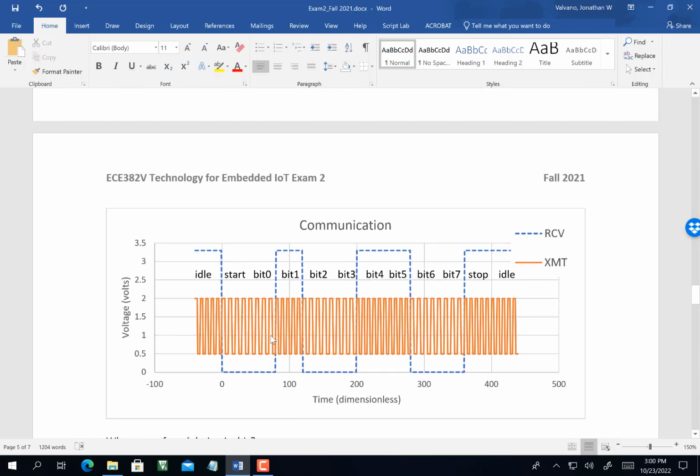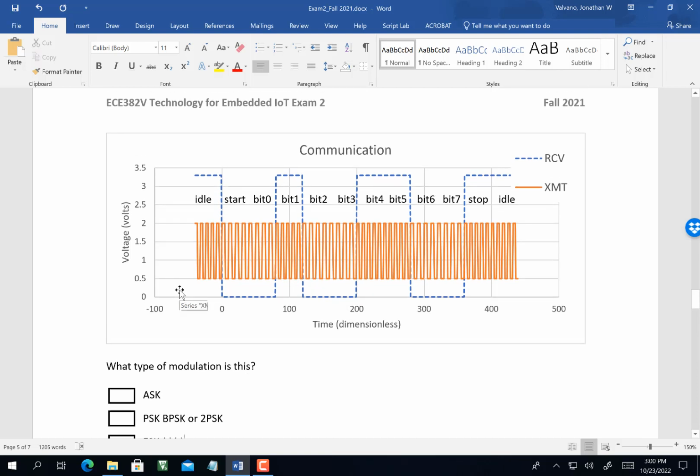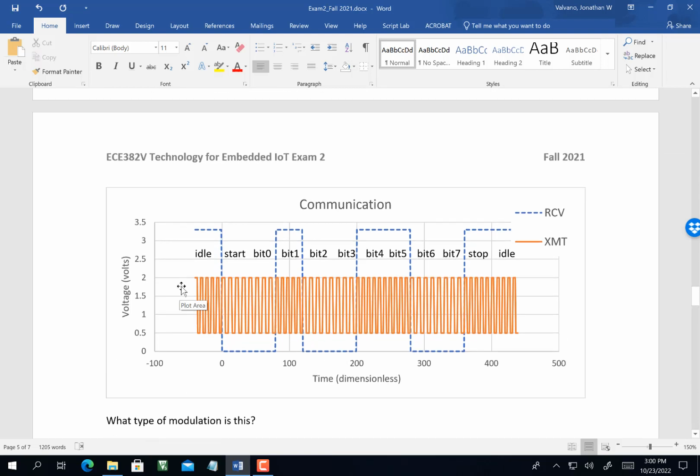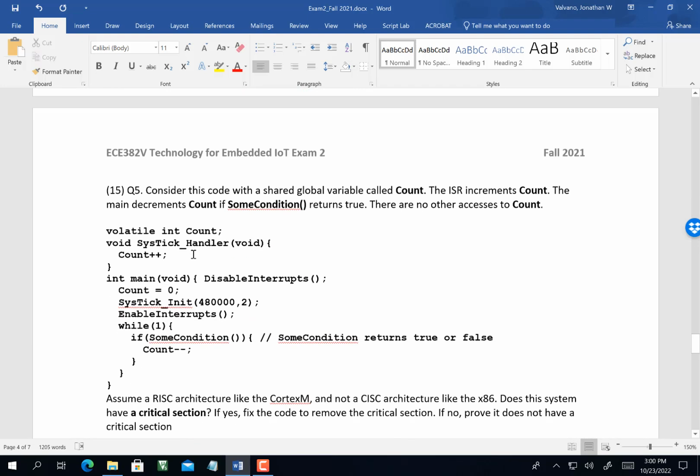It doesn't really matter what frequency this is, except it is frequency encoding. You can see that the 1 is a fast frequency, the zeros are a slow frequency, so this is obviously FSK. The actual remote control is probably on-off keying and not frequency, but that's a frequency shift.